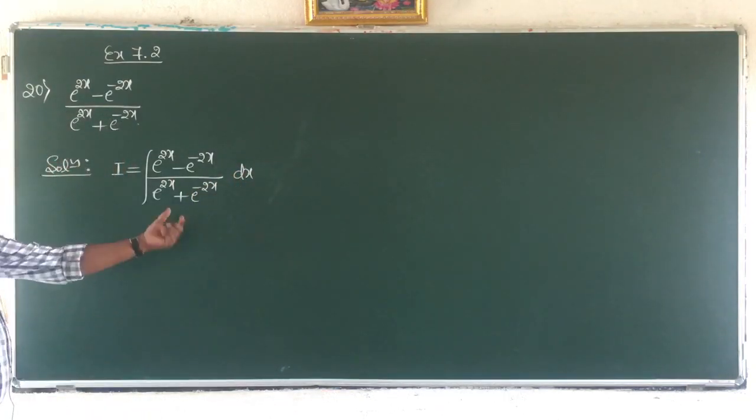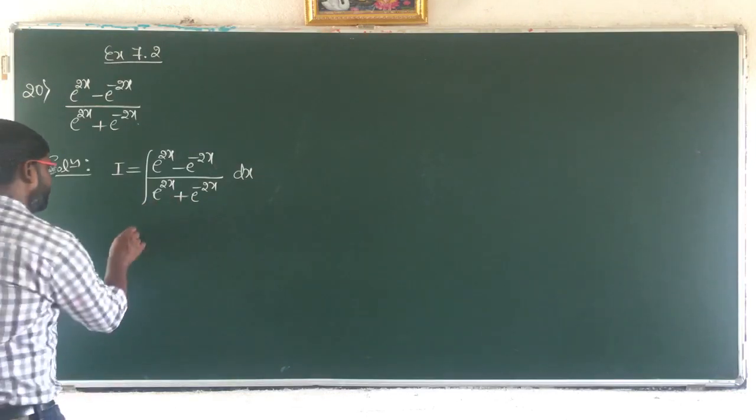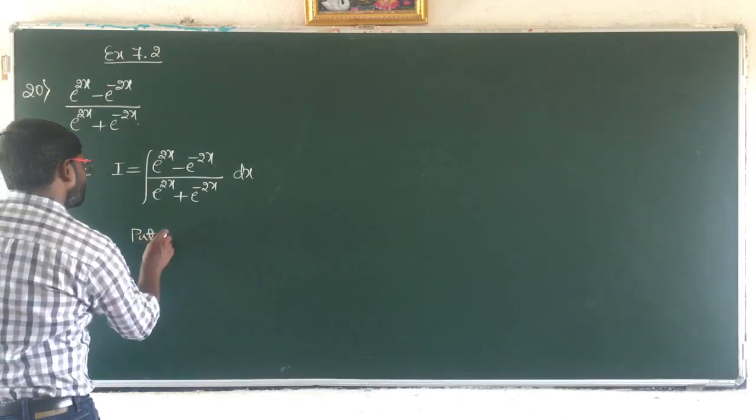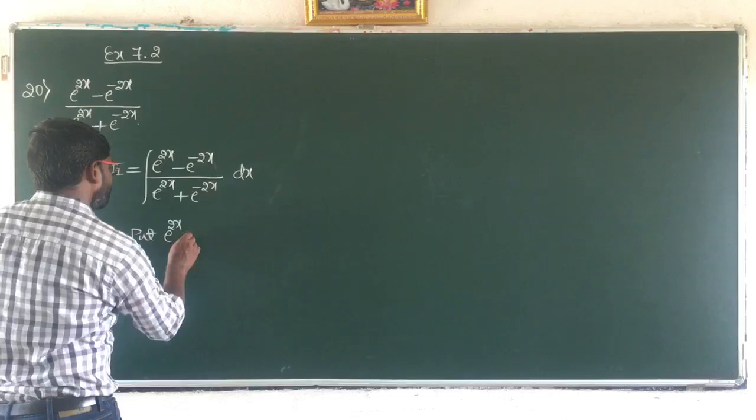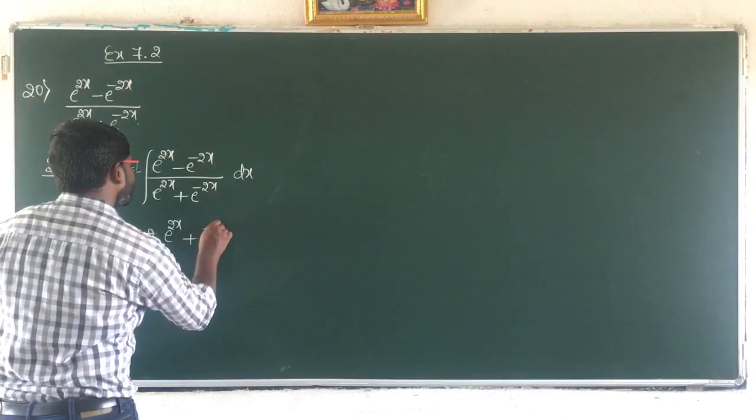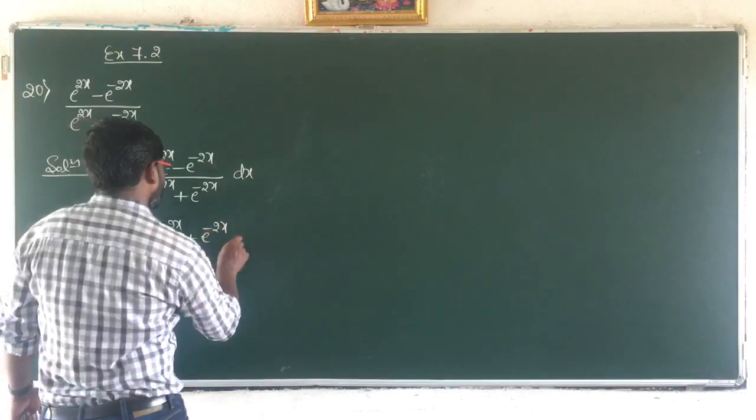So now put denominator equal to t. Put e to the power 2x plus e to the power minus 2x, which is equals to t.